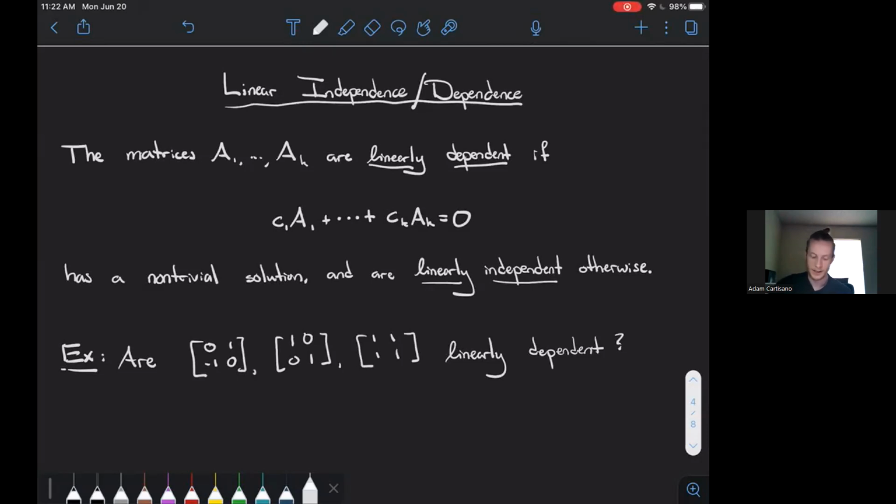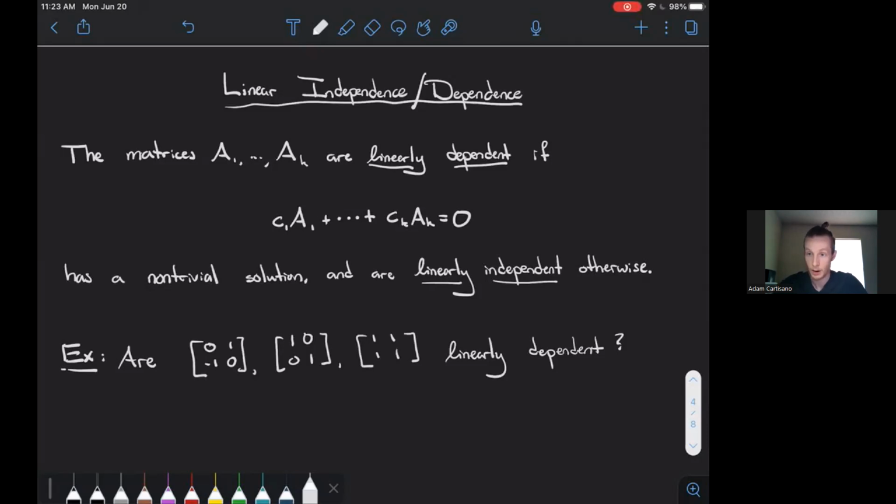Namely, if you have matrices A1 through AK, all the same size, of course, those matrices are linearly dependent if there is a non-trivial solution to C1 A1 plus C2 A2 and so on, all the way up to CK AK equals 0, the homogeneous system. And linearly independent if the only solution is the trivial solution.